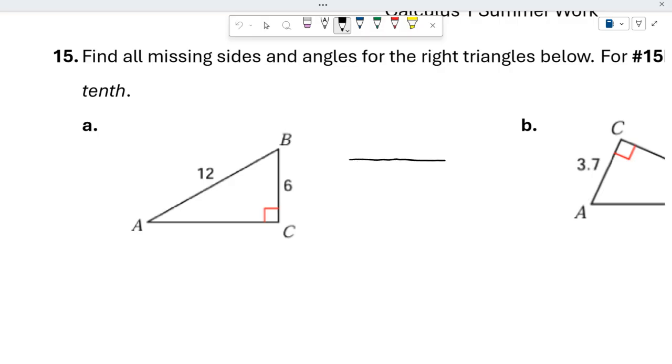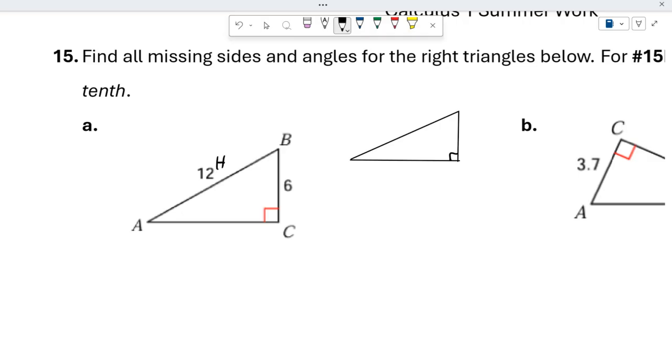So if I redraw it over here. In order to recognize that this is a special right triangle, notice that, if the picture is drawn to scale, we have a short leg and a long leg. And in this picture, we're given the hypotenuse, and then we're given the short leg, which has been labeled as 6.